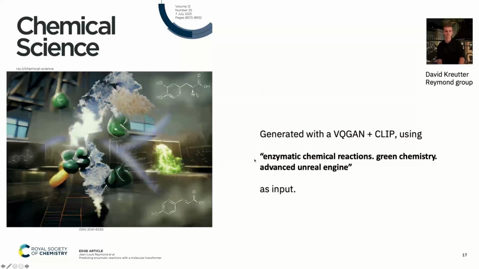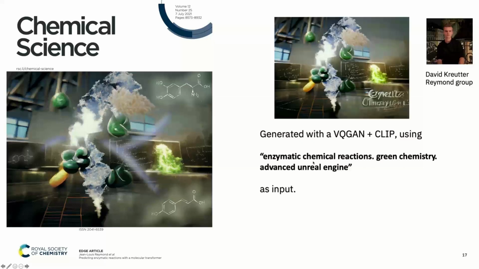What we gave as an input to this generative model was just this prompt: enzymatic chemical reactions, green chemistry, and advanced Unreal Engine. And this is what the model produced, and we adapted it a bit to make the cover.